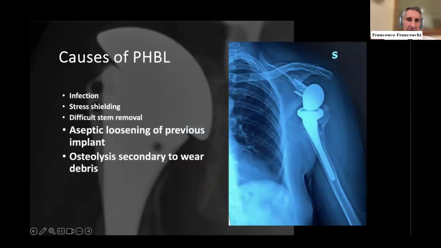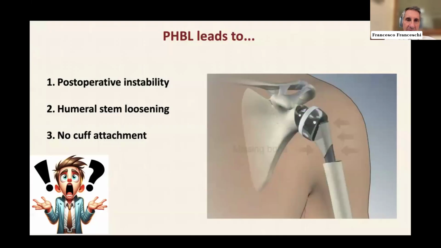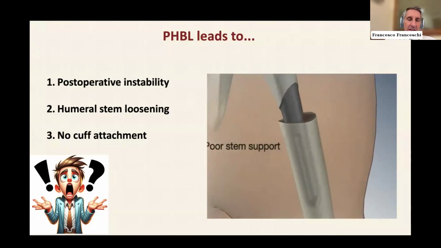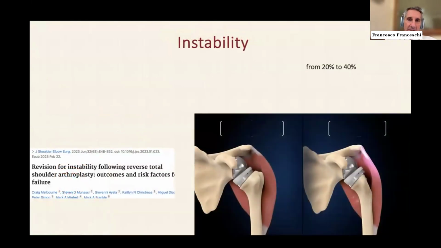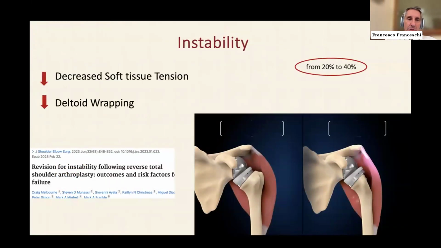Another cause is osteolysis secondary to wear debris. But proximal humeral bone loss can lead to what? To postoperative instability, of course, humeral stem loosening, and no cuff attachment. The instability is caused by a decrease of tissue tension and a decrease of deltoid wrapping.